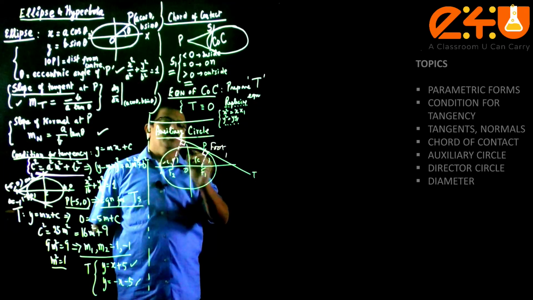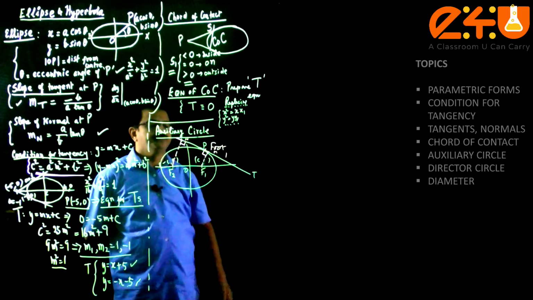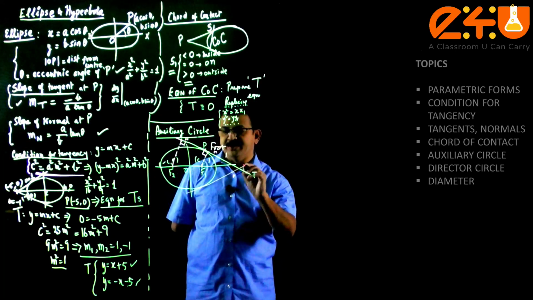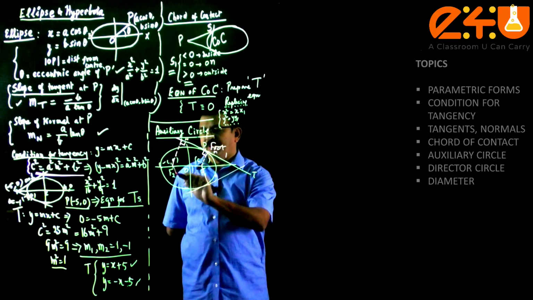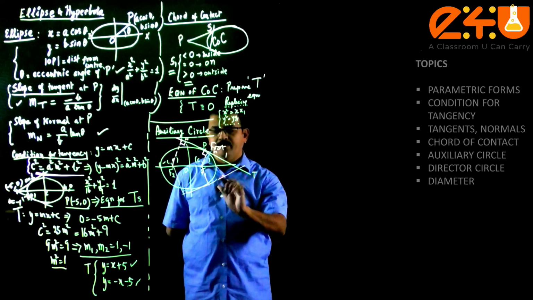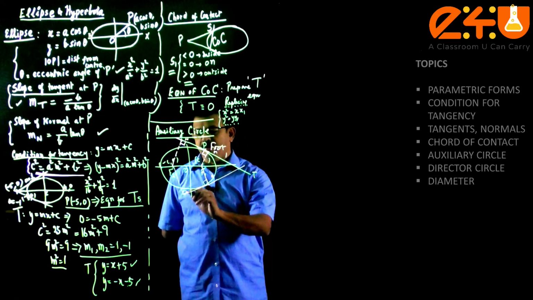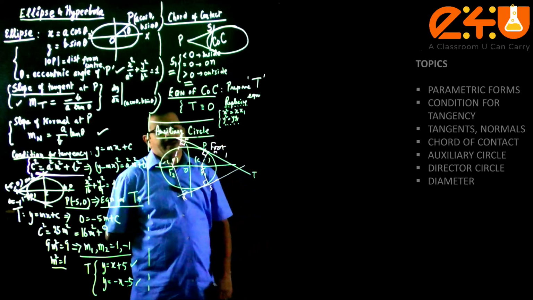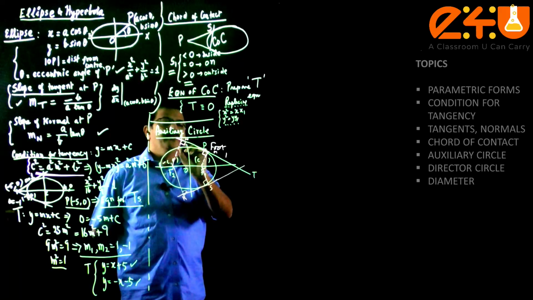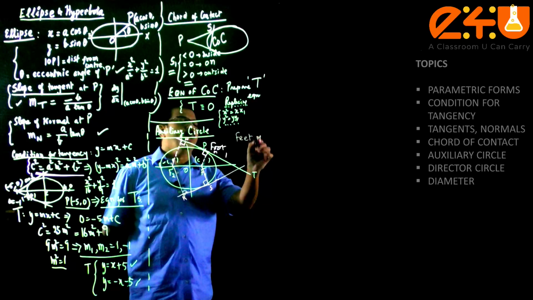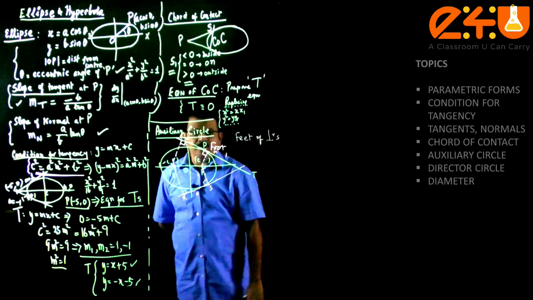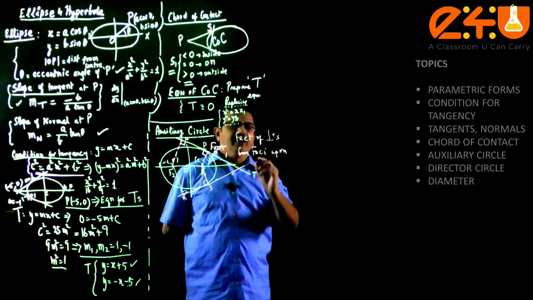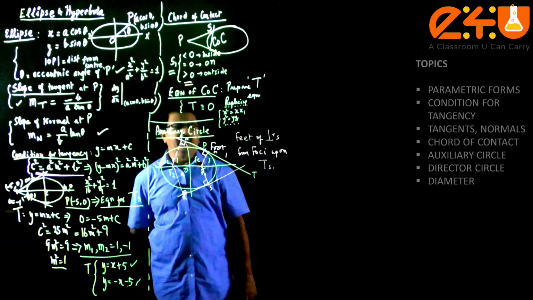Let me say foot 1, foot 2, maybe call them M and N. Similarly, I can produce feet of perpendiculars on any tangent, for example R and S. So like this we can prepare several feet of perpendiculars from the foci upon any tangent.